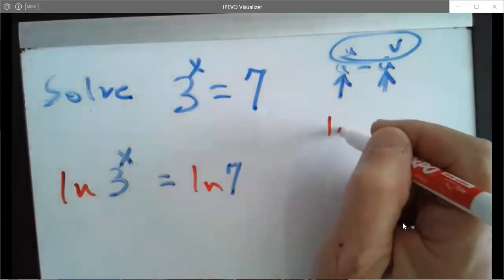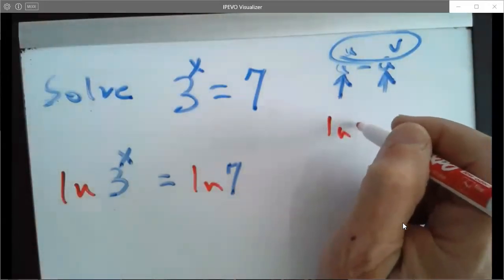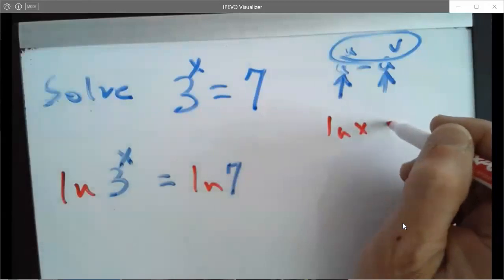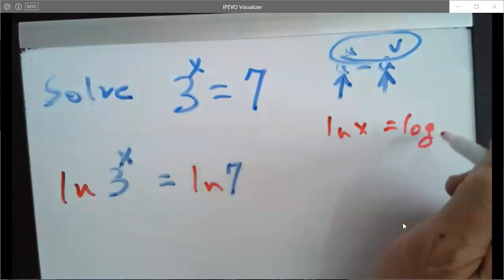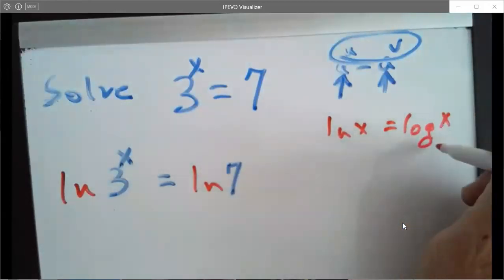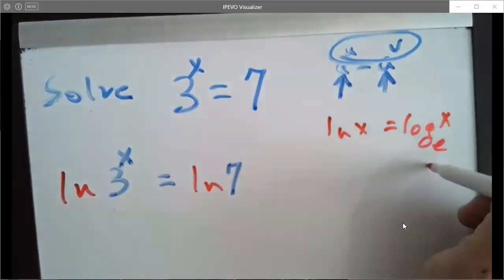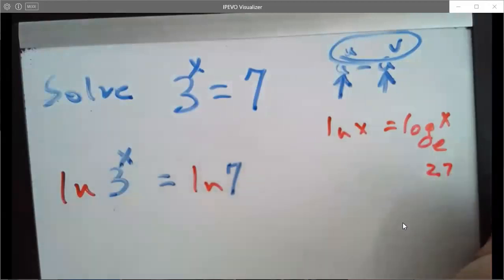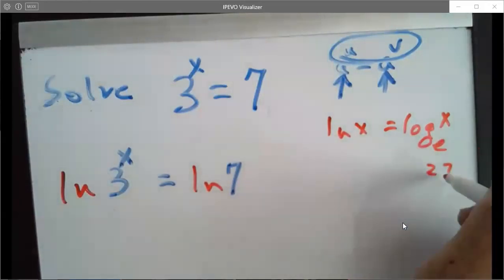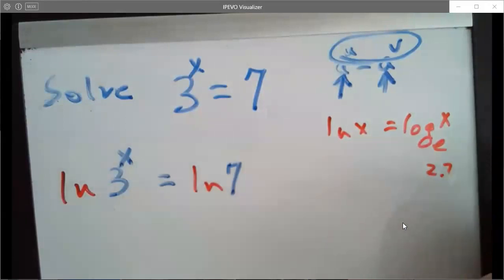Well, what's natural log? Natural log is nothing more than log x base e, where e is roughly a number. It's 2.7 rounded off. Most people use 2.71. I like to just use 2.7. To me, that's just as good. So log e is a number.